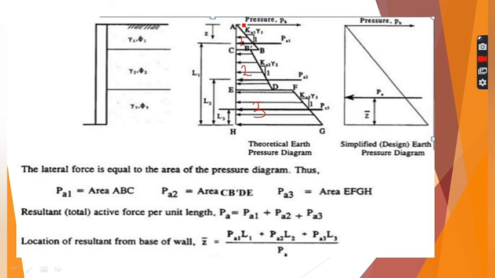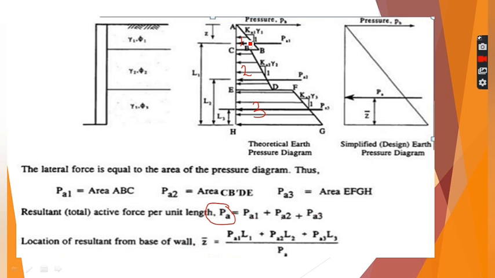So area of this triangle will be half into base into height. Area of trapezium is half into sum of parallel sides into this height. And next is area of this trapezium. You add all these areas PA1 plus PA2 plus PA3 to get the total resultant value PA, and then you find out the location of resultant from base of wall.